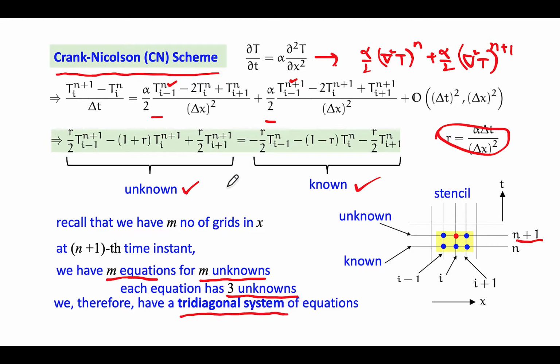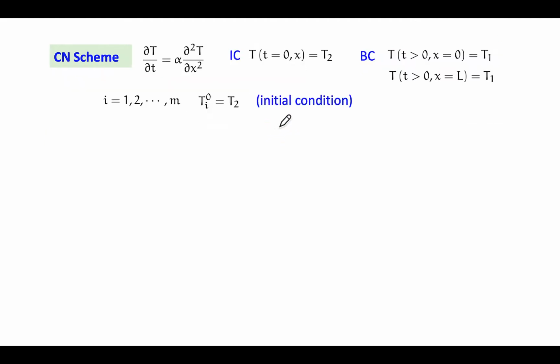So the way we are solving the implicit problem, the same way we can solve this problem here. The only difference is that the coefficients of the tridiagonal matrices will be different between implicit and Crank-Nicolson, but otherwise the procedure remains the same. So let us see how it is.